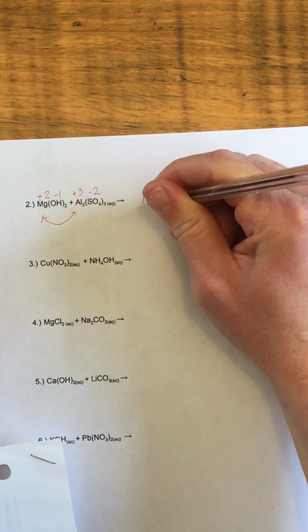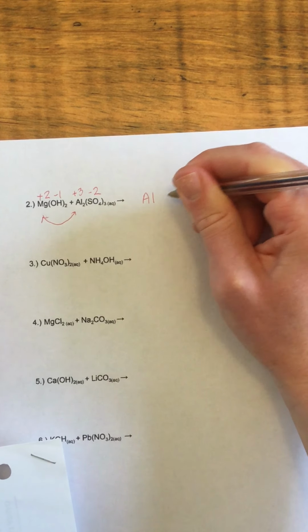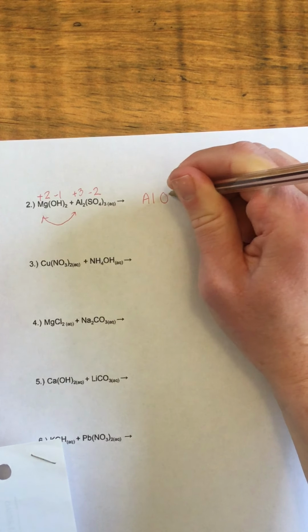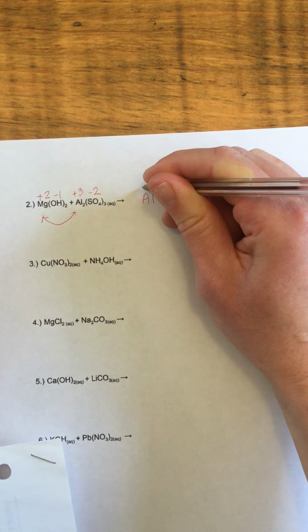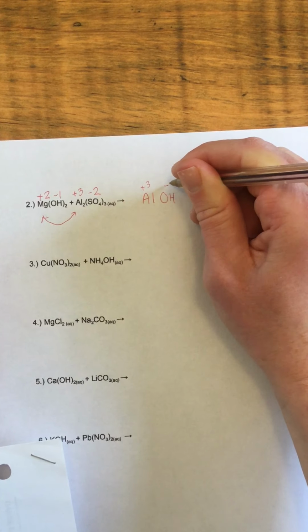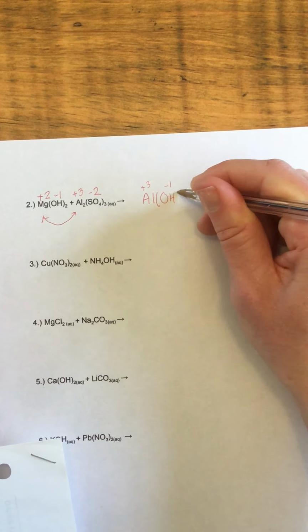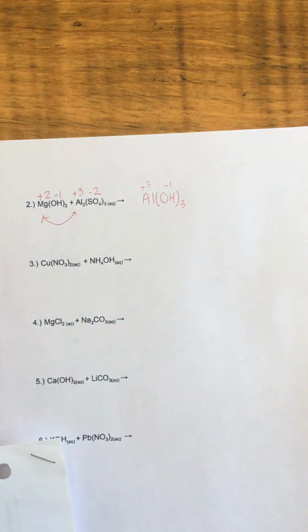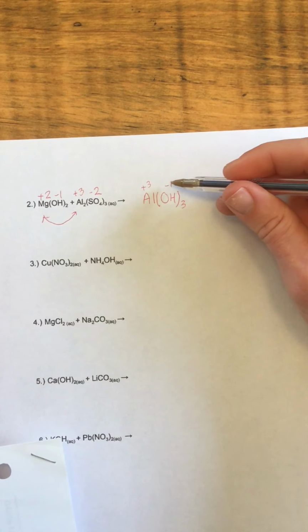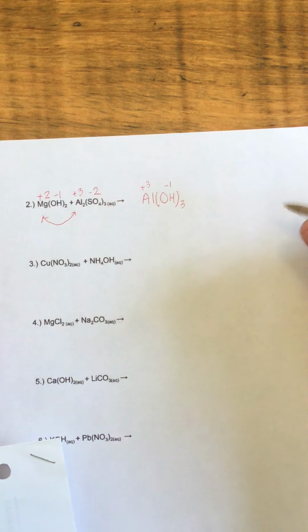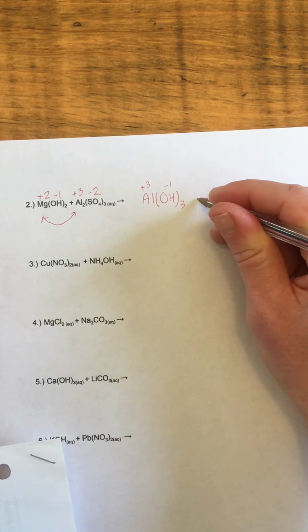We're going to end up with a compound that contains aluminum and hydroxide. Aluminum has a charge of +3, hydroxide -1. So to balance these out, I would have to have 3 hydroxide groups, right? 3 times -1 gets us to -3 plus +3 would result as a 0 charge.